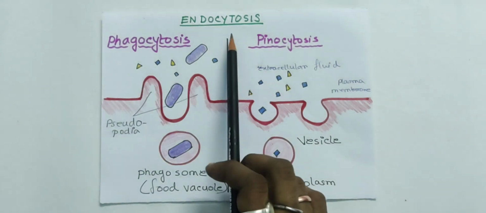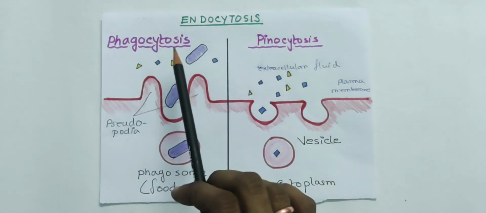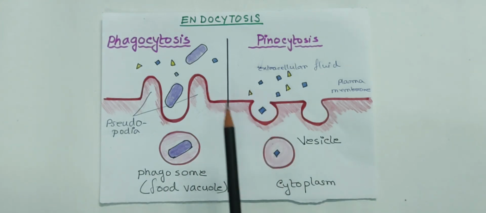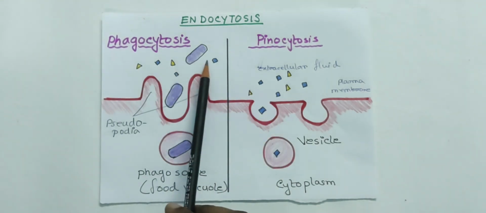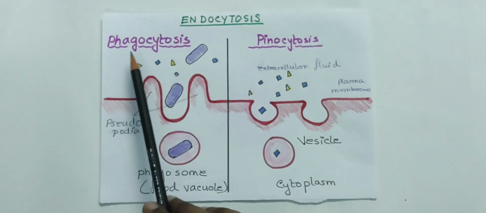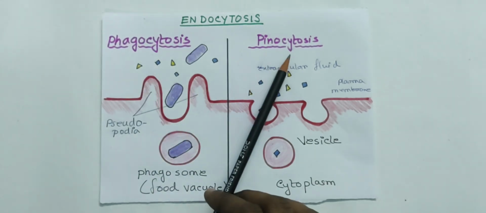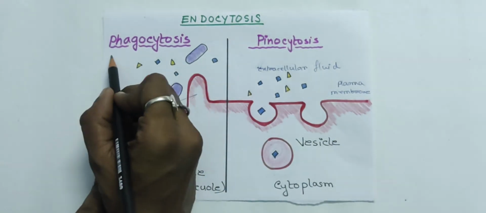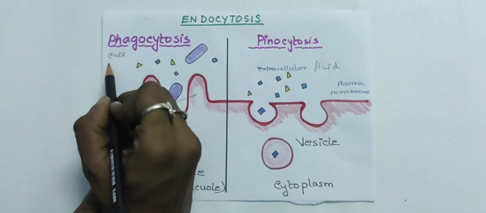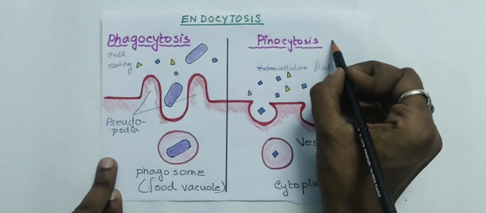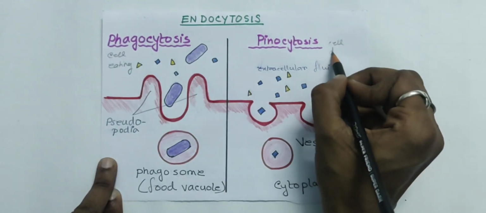Here is the first type, endocytosis. Endocytosis is of two types, phagocytosis and pinocytosis. Phagocytosis is also called cell eating. And pinocytosis is called cell drinking.